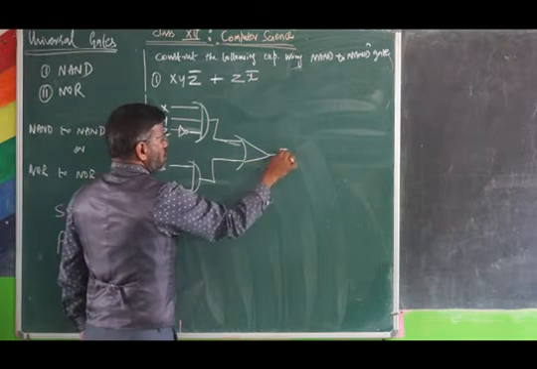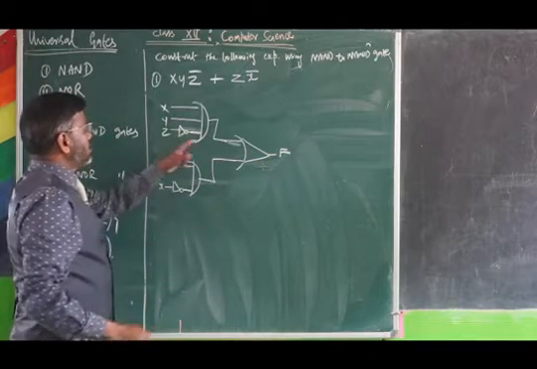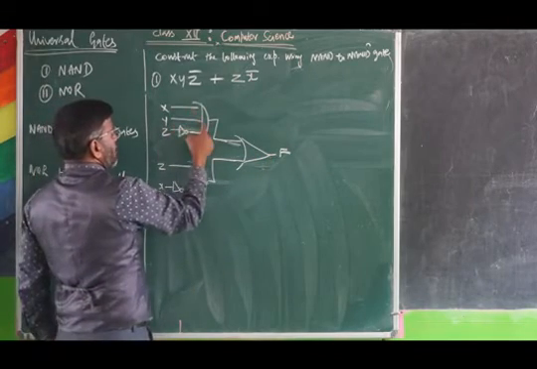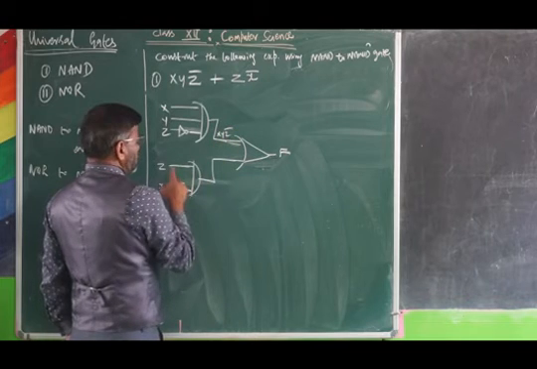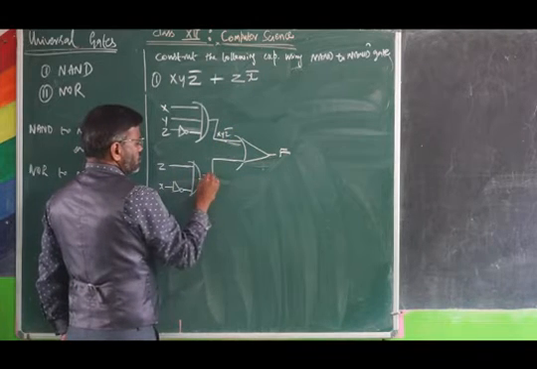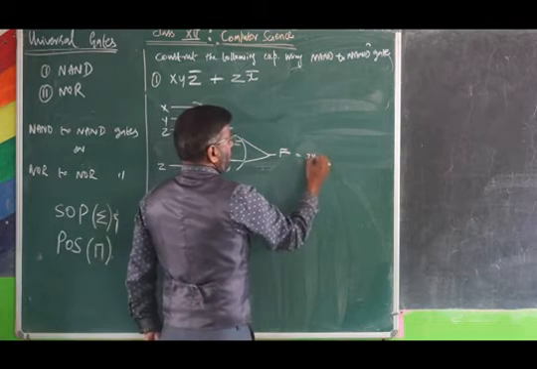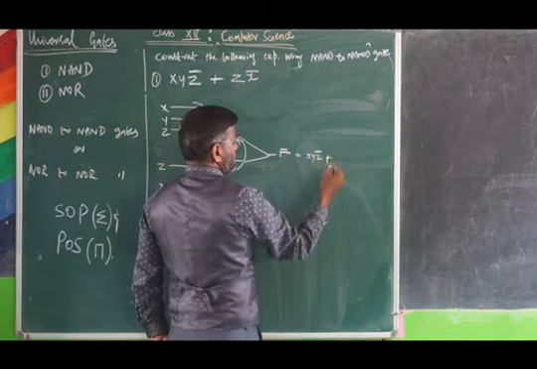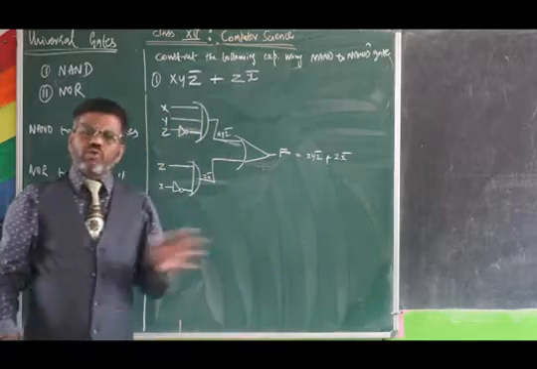This is what you are given, function f. So the intermediate answer for this is x, y, z complement, and here z, x complement. When you add together, f would be xyz complement plus zx complement. This is the normal way of doing it.